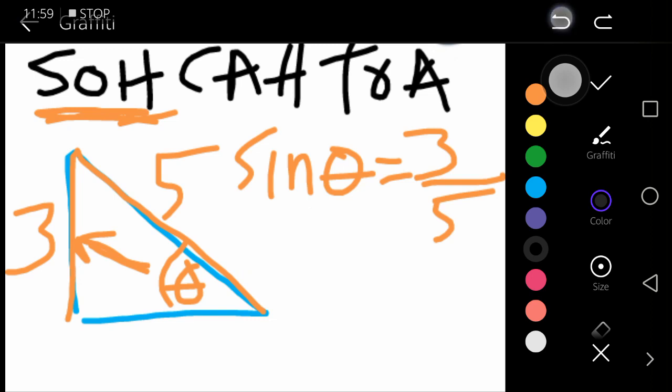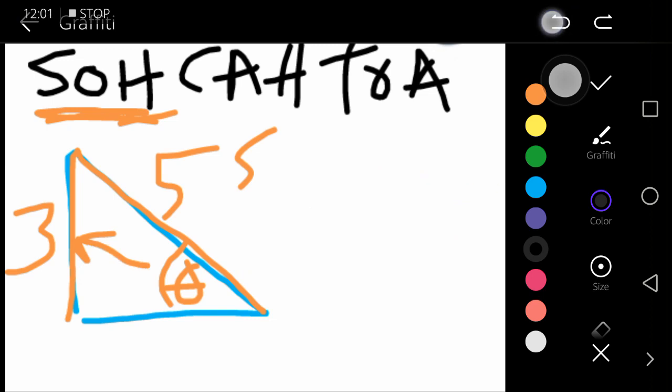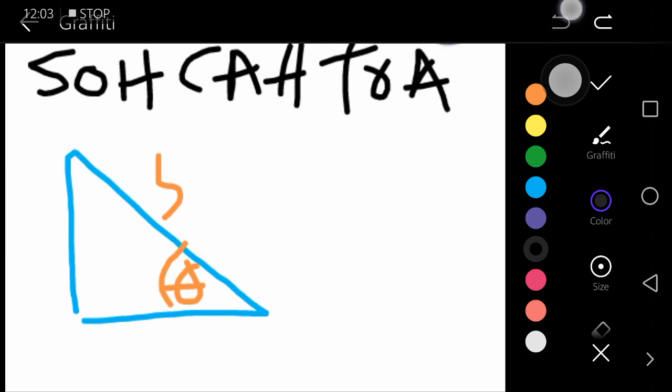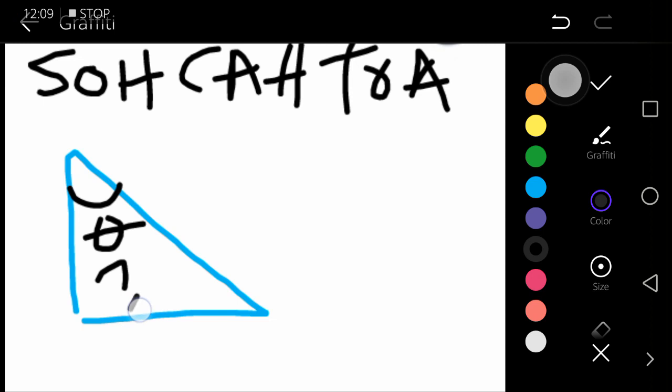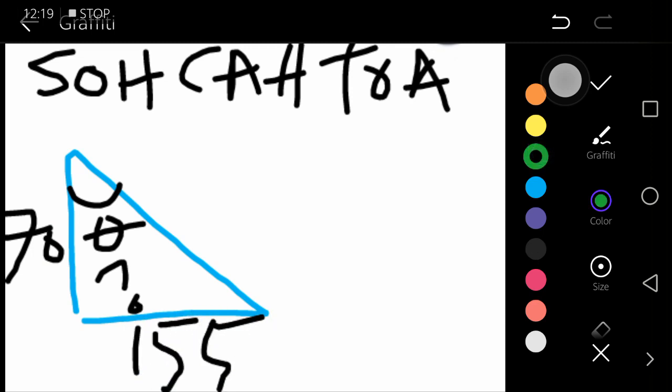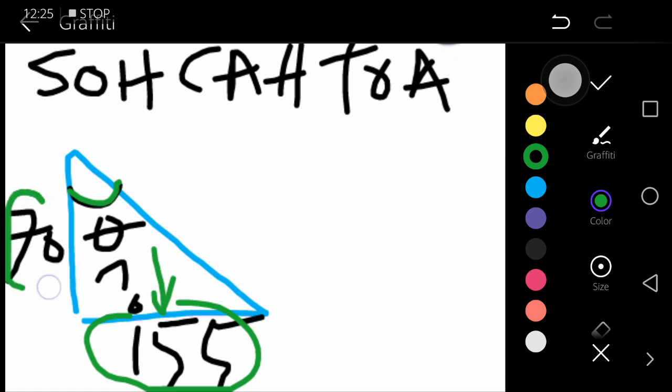One more, to make it clear. Last one. Now the missing degree is here. This side is 70 and this is 155. Where is the opposite? Because the degree is here, the opposite is this, and this is the adjacent.